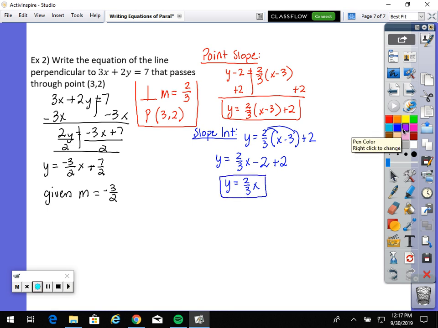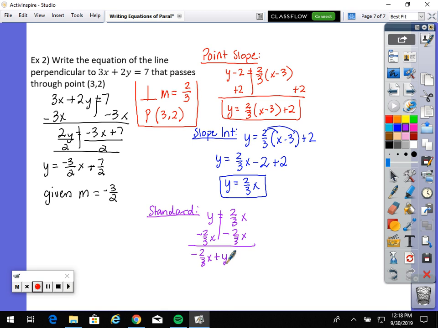And then I'm going to move the x over to the left side of the equal sign to put it in standard. So I'm going to take my y equals 2/3 x and I'm going to move it over. And I get minus 2/3 x plus y equals 0.